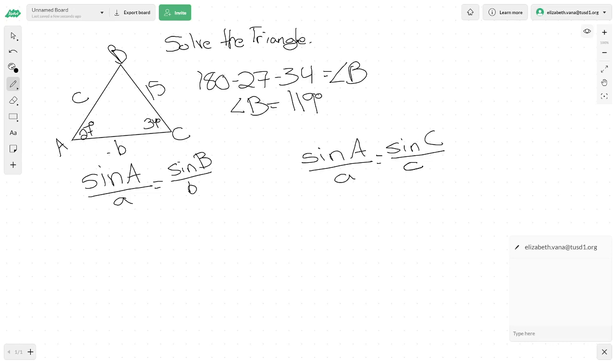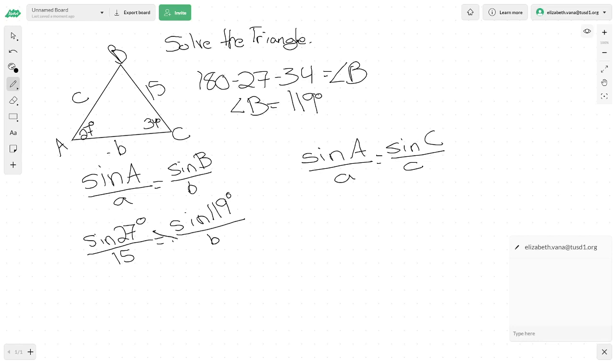So over here, we have the sine of 27 degrees over 15 equals the sine of 119 degrees over B. We don't know what B is yet.